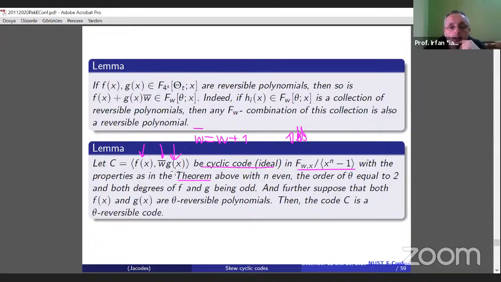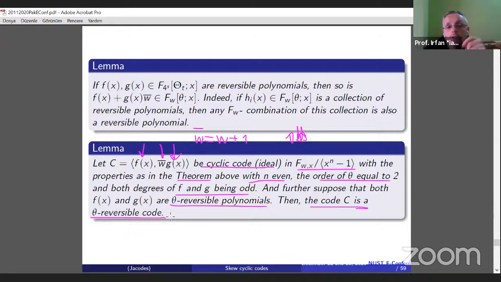So the properties are that G and F are self-reciprocal polynomials, meaning if you reverse the order, they are the same. With n even, the order of theta is 2, and both have odd degrees. And further, suppose that F and G are theta reversible, then the code is theta reversible.